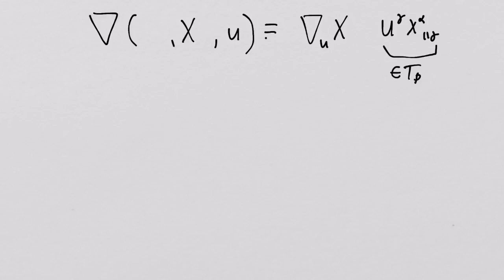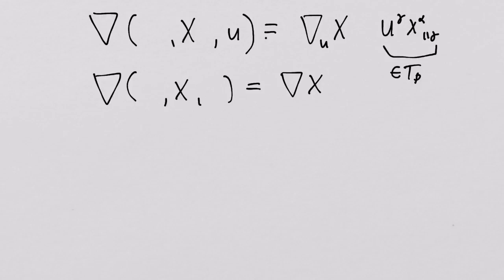Okay. But then you could also take this and leave the first slot blank, put in the vector field, and then leave the second slot blank. And in that case, you're going to get an object out that we're going to call del x. How would that be described? The gradient of x, perhaps, or ultimately it's the covariant derivative of x.